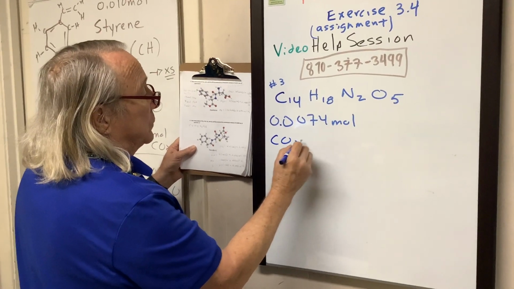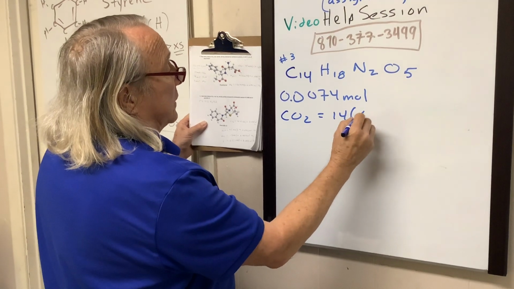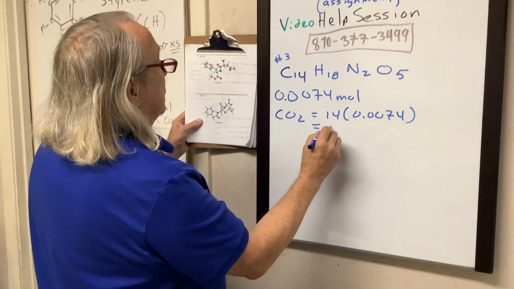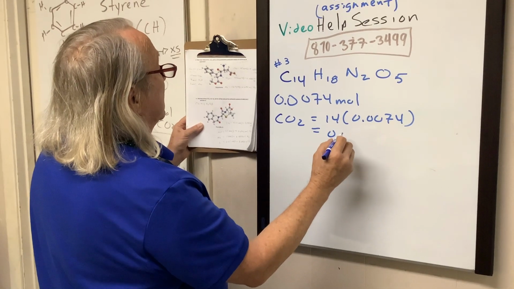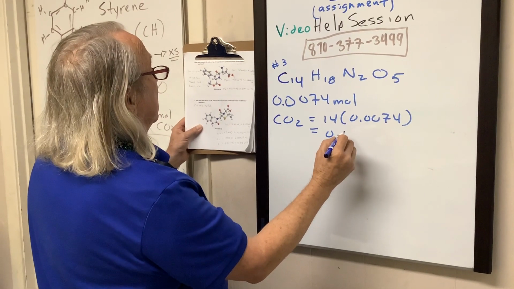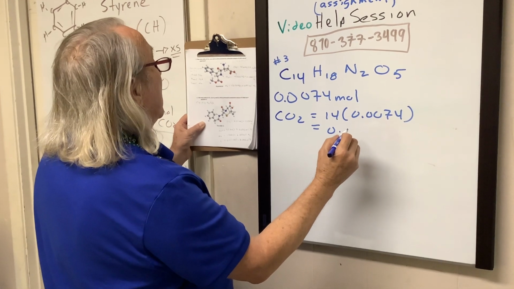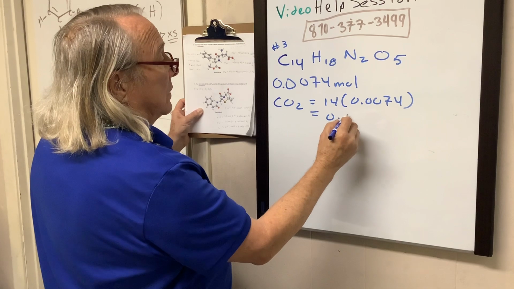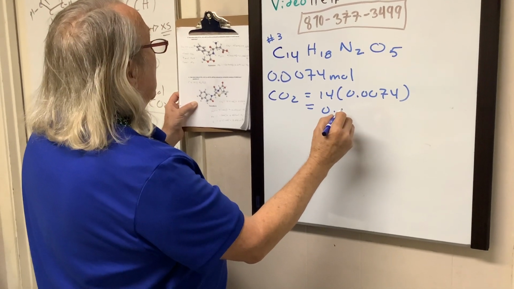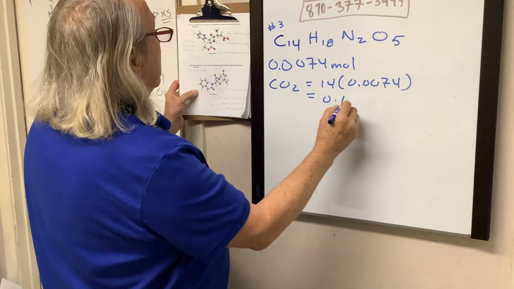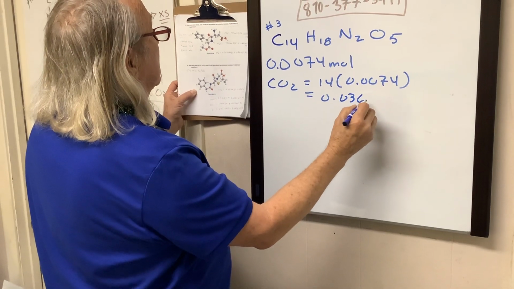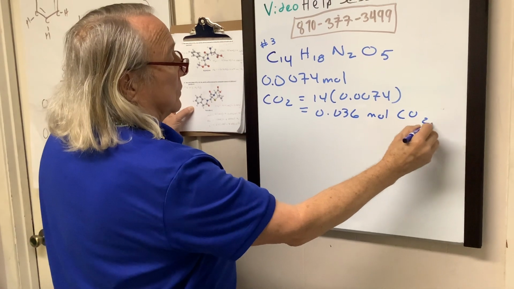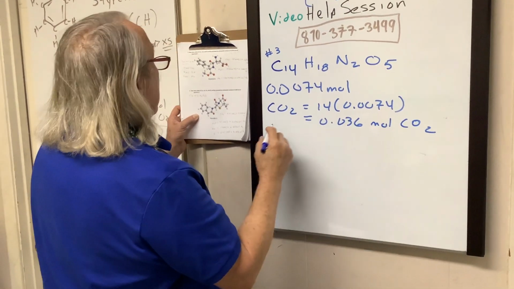So for CO2, it's equal to 14 times 0.0074, and that's equal to... I can't read my own writing here. Not sure what I've done here. It looks like 0.36 mole of CO2. Somebody check my math on that.